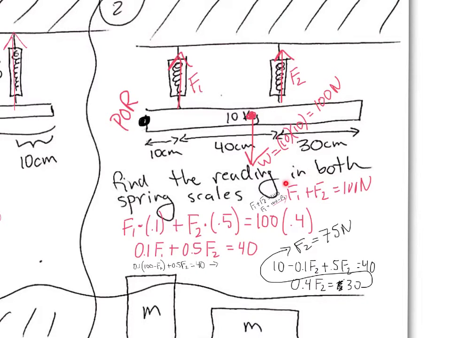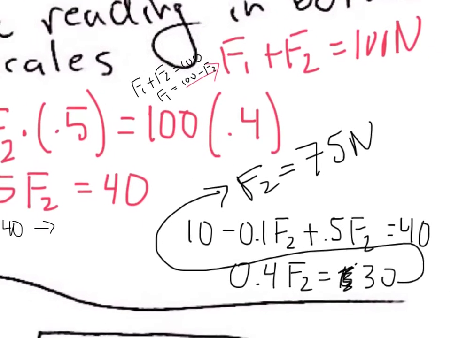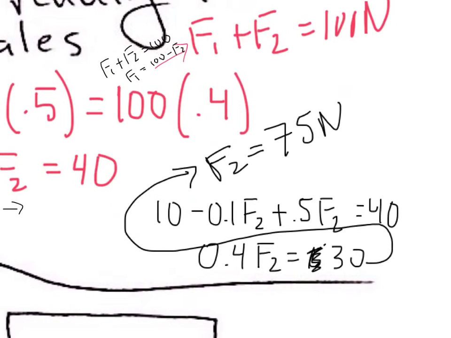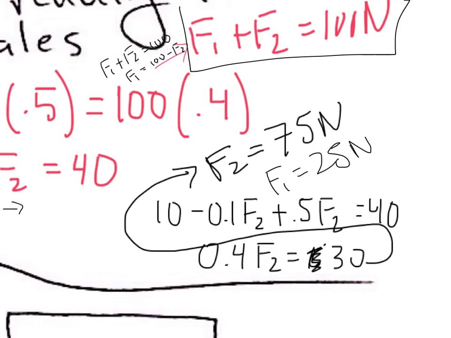Or if you're a formula kind of person, well, we're just plugging in here. So zoom back in, get this answer in here. If F2 equals 75 newtons, well then F1 equals 25 newtons from this here formula.